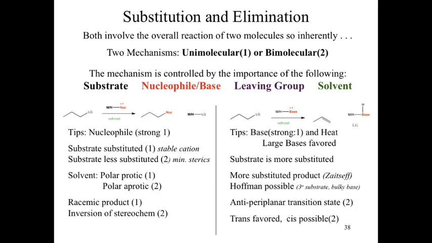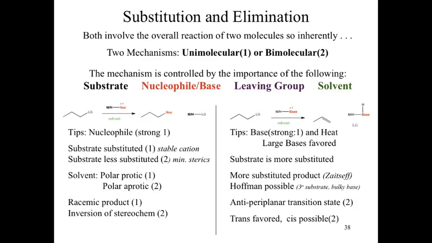So depending on what changes we make to each of these four things, we may end up seeing a substitution or an elimination. And then as a further addition on that, we may see a substitution type 1 versus a substitution type 2. Okay? So what we've got listed underneath each of these categories is the different things that we could be looking for to help us identify what type of reaction occurred.